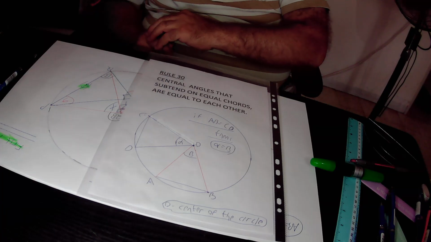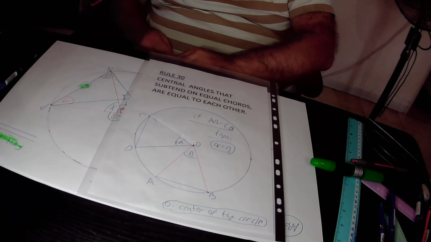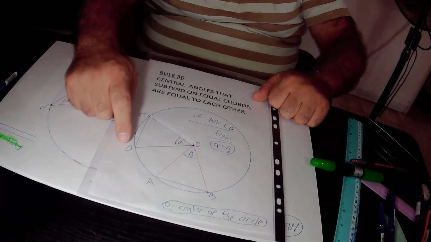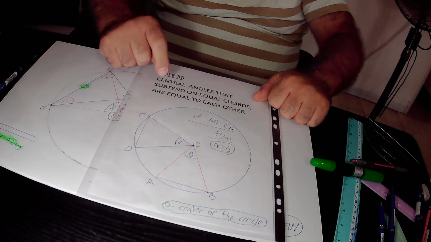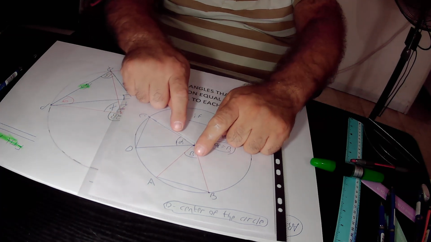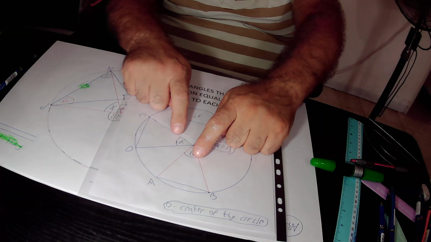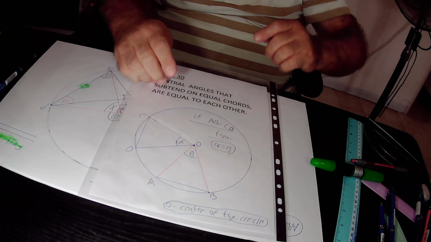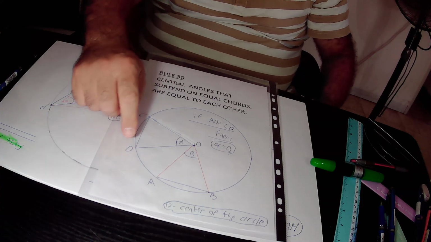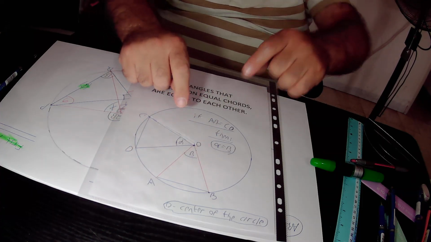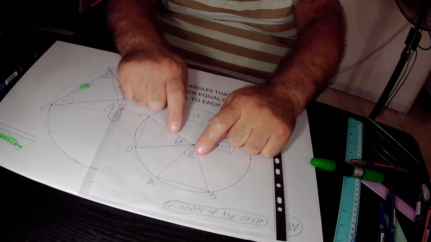And according to rule 30, if chord CD equals chord AB, then those two central angles must be equal to each other in their sizes. That is to say, alpha equals beta.